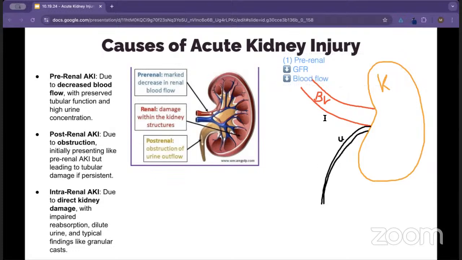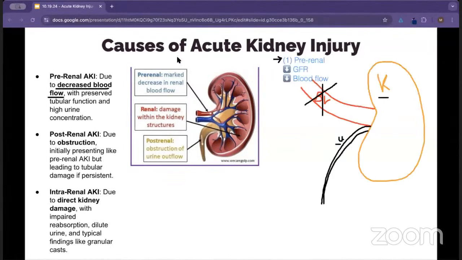Because look, pre-renal is basically indicating that there's an issue here in the blood vessel itself. So if I make an X right here, there's an issue in the blood vessel, then it would be a pre-renal azotemia, due to decreased blood flow, like I wrote on the left-hand side here. That doesn't mean that there's anything wrong with the kidney or the ureter. There's nothing wrong there. There's only something wrong with the blood flow.